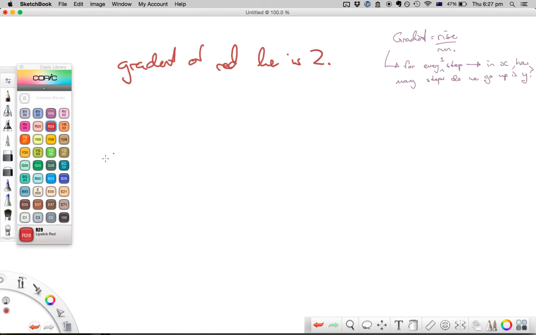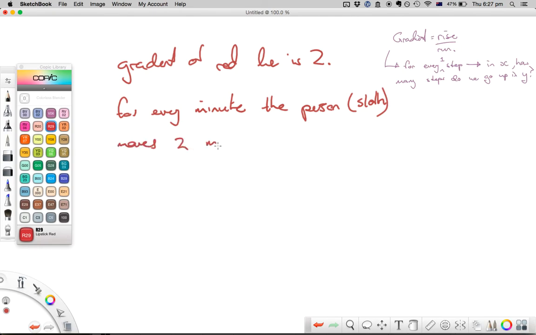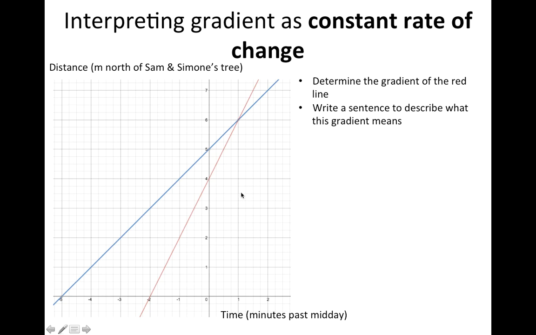So we can say for every minute, well, if you weren't here for the previous example, we can say for every minute, the person, or in this instance it was a sloth, moves 2 meters north. So for every minute, this is 1 minute, 2 minutes, 3 minutes, the sloth, these are sloths walking, moves 2 meters north.